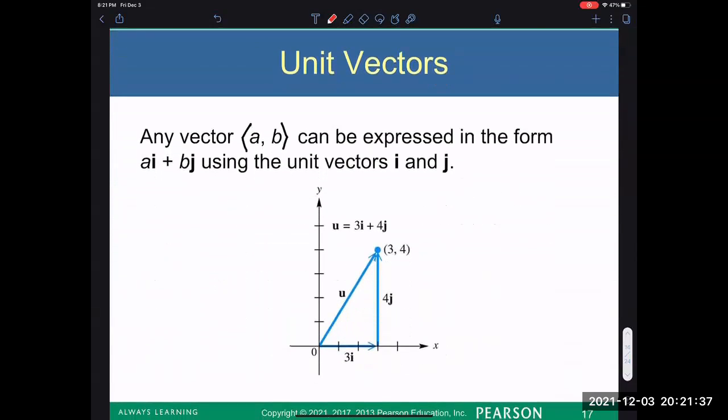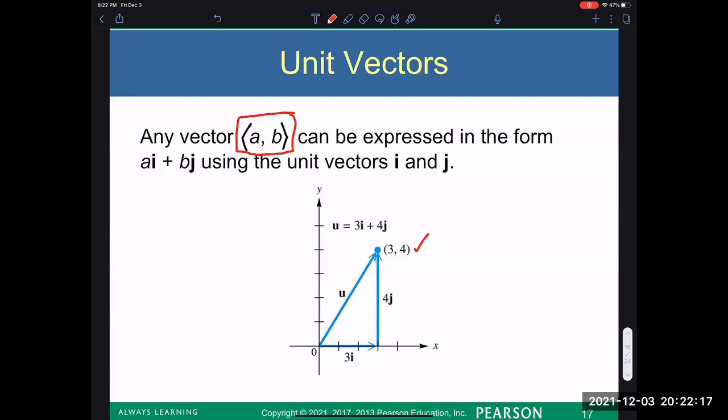They say, all right, let's say you have any vector AB, then you can express that in the form of a linear combination, meaning some summation of scalar multiples of I and j. Since I is 1 unit in the x direction, then if you instead went, as in this example here, 3 units in the x direction, that would be 3 times I. And if you had lifted up to the height of 4 in the y direction, then that would be 4 times j.